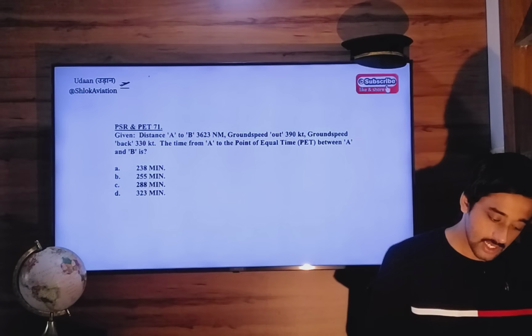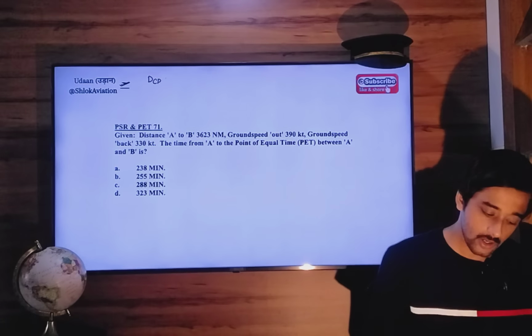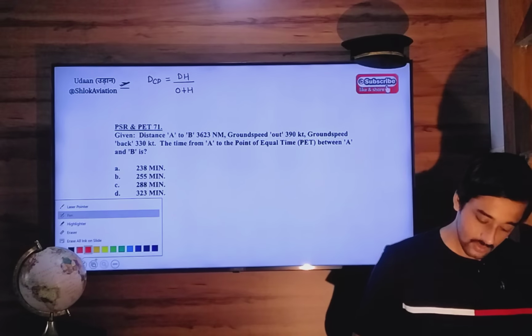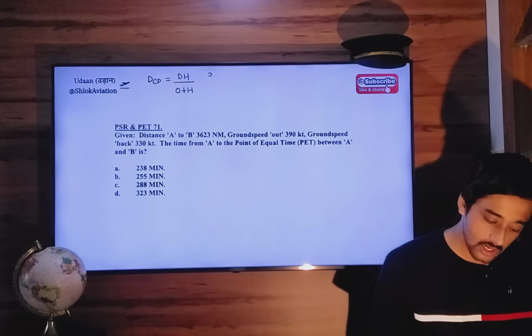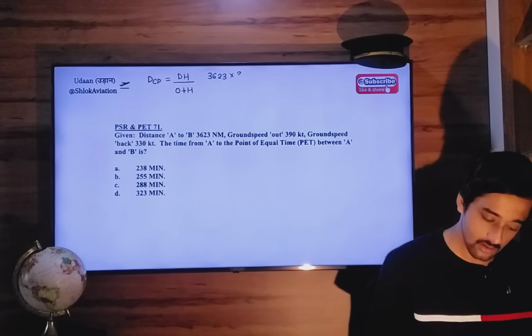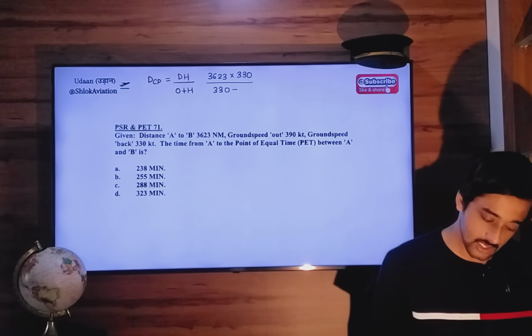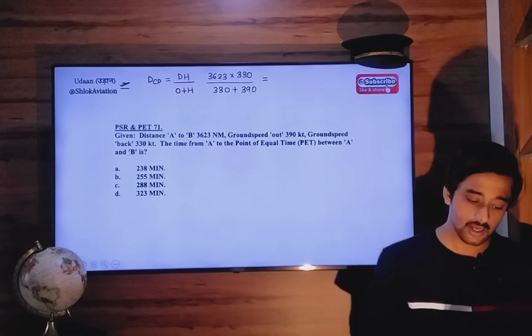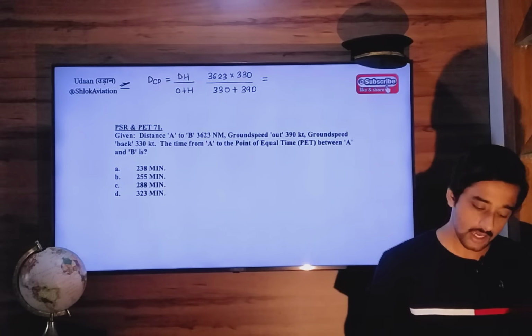So, step 1, find distance to critical point or point of equal time. It is dh divided by O plus h. So D is 3623, h is 330, divided by 330 plus 390. So 330 plus 390 is 720.